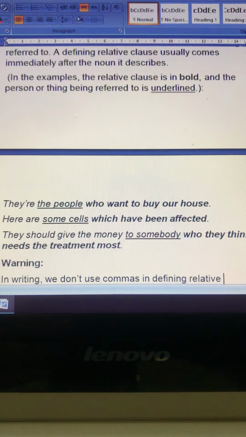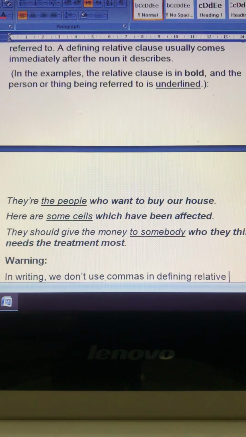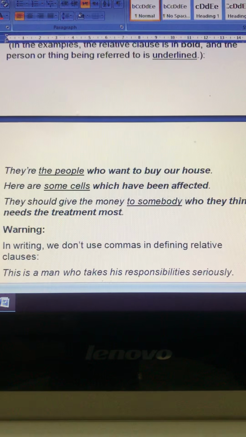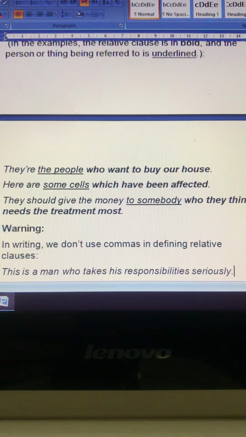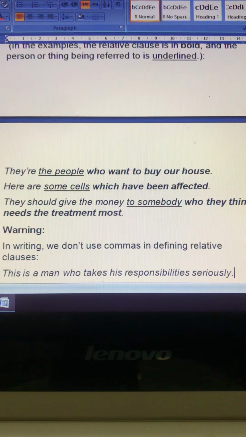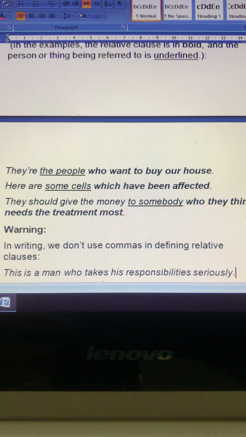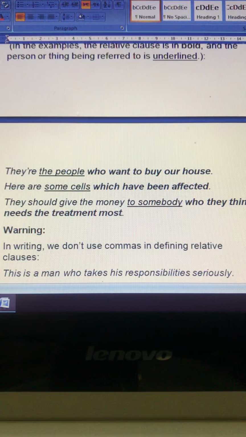So we use who with people. The other example here: Here are some cells which have been affected. Again, we have which as the defining relative clause, and some cells are things. That's why we must use which.